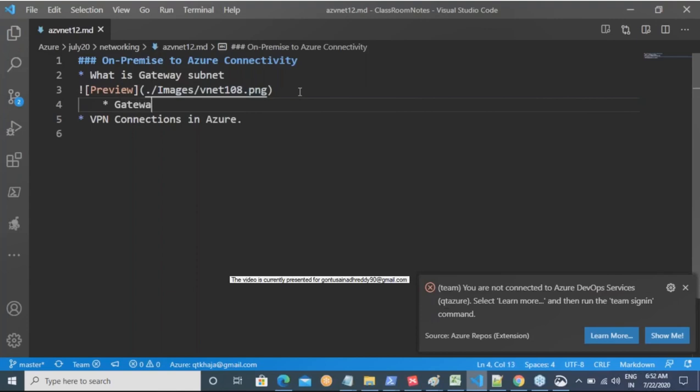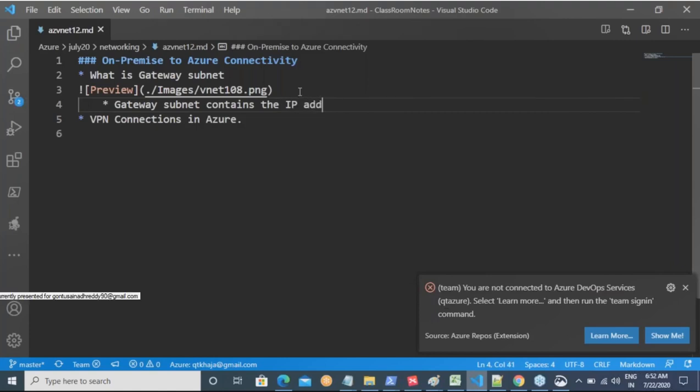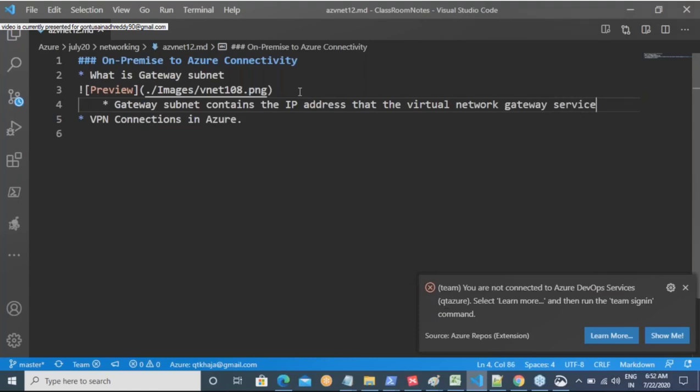gateway subnet contains the IP address that the virtual network gateway service uses.